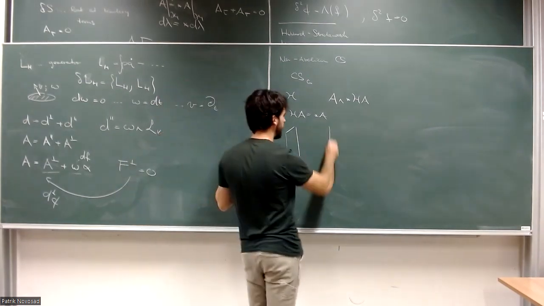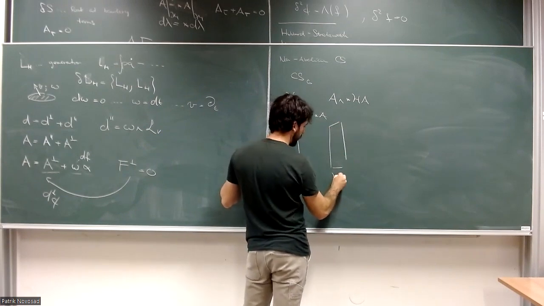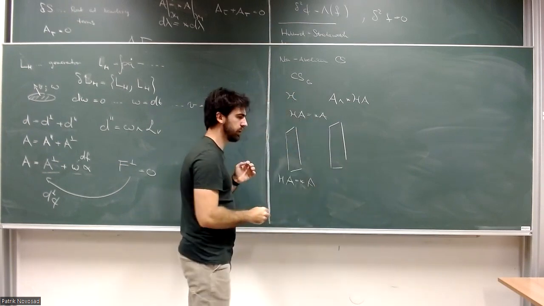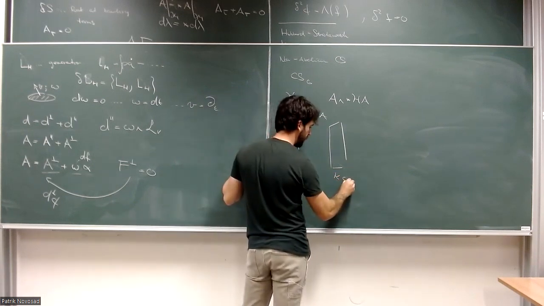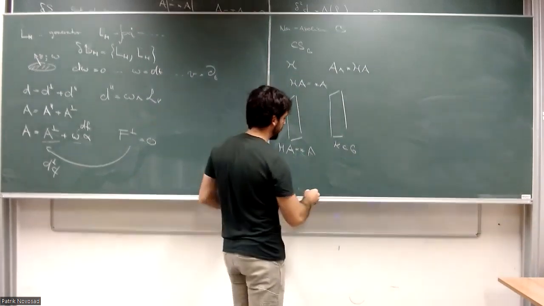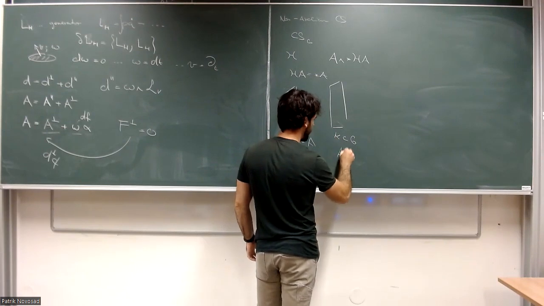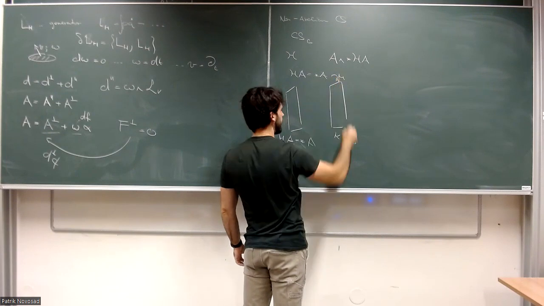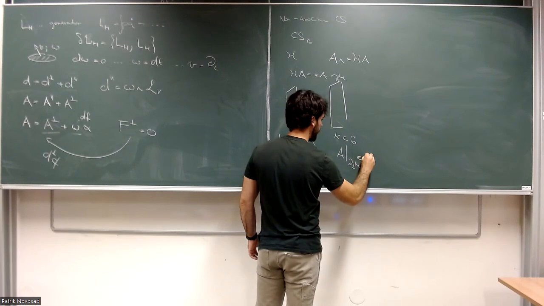But you need another boundary condition here, which singles out H. K is a subgroup of G, and it imposes some condition such that A restricted to the second boundary lives in K.